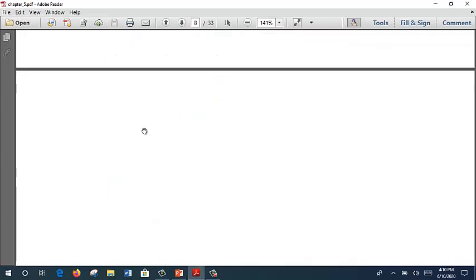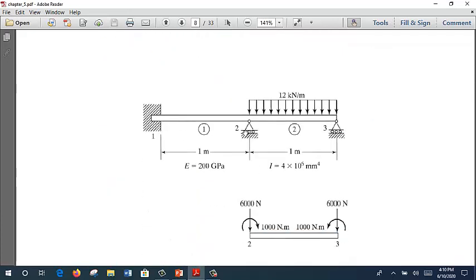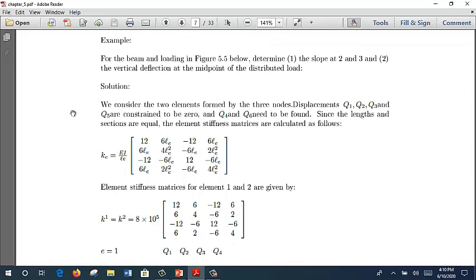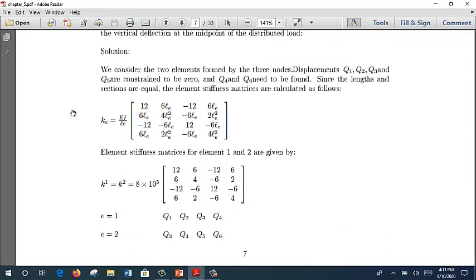Go to your diagram. They have 3 nodes, 1, 2, 3. Understand? Determine first the slope at nodes 2 and 3, and second, the vertical deflection at the midpoint of the distributed load.